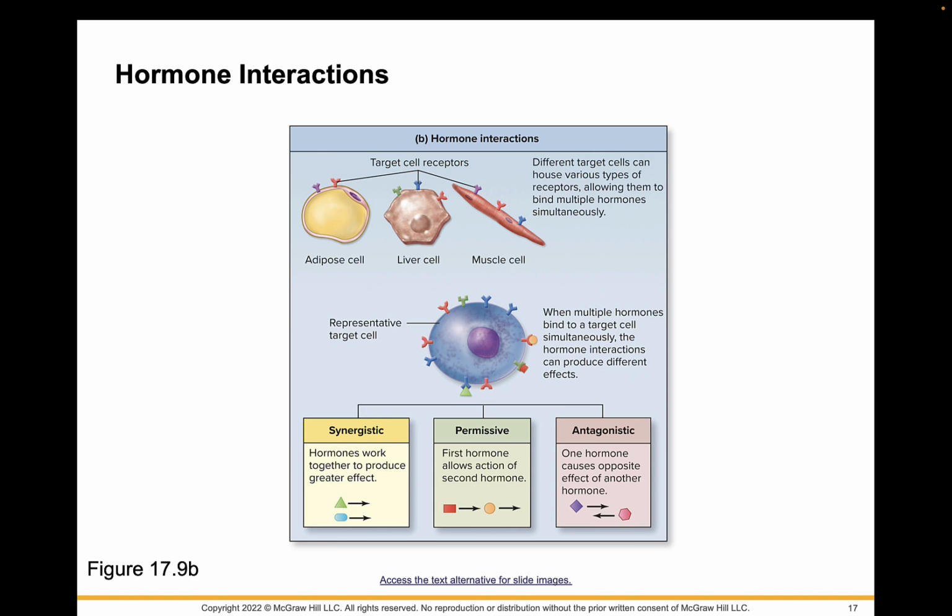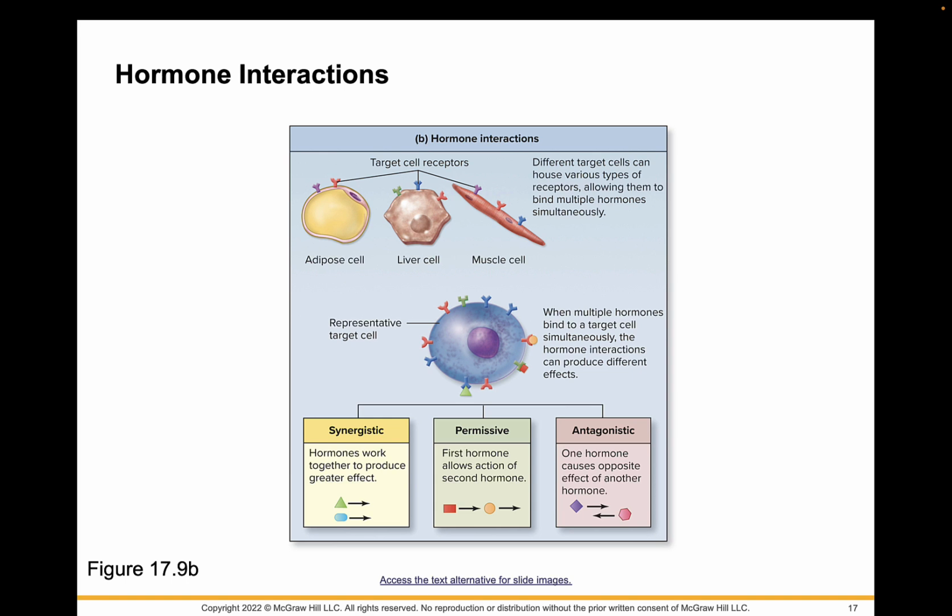The example that I can give you here is the relationship between prolactin and oxytocin. Prolactin is a hormone that's responsible for the production of milk, whereas oxytocin is ejection. So you must have the milk first before it can actually be ejected.